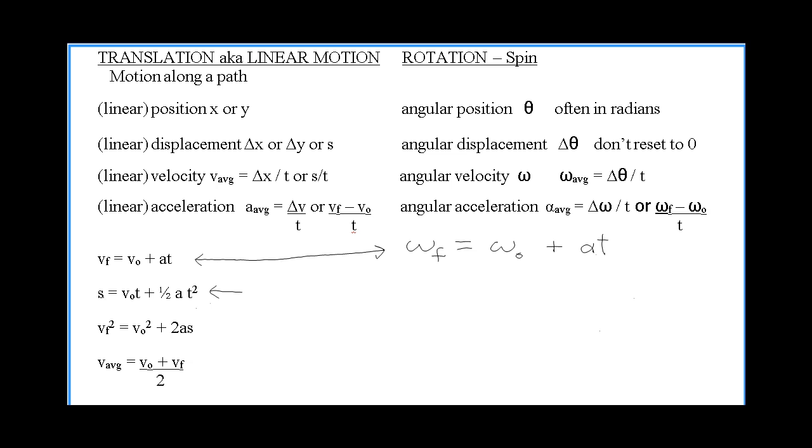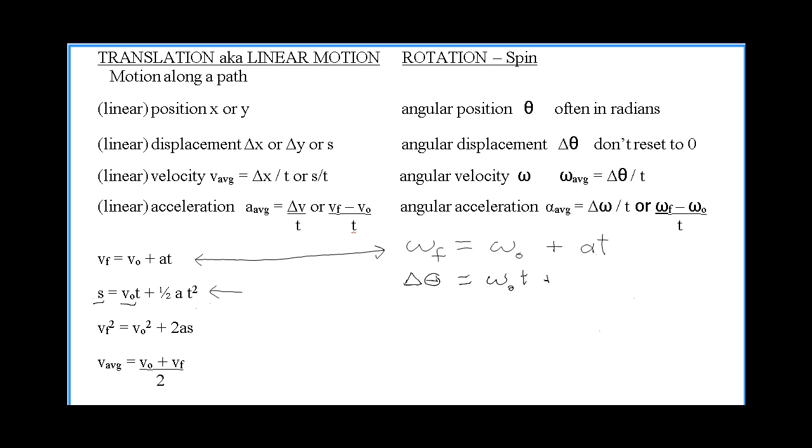Okay, instead of the S for linear displacement, you should be using the delta theta for angular displacement. Then, of course, our equals. Next, instead of the linear original velocity, we have original angular velocity multiplied by time.